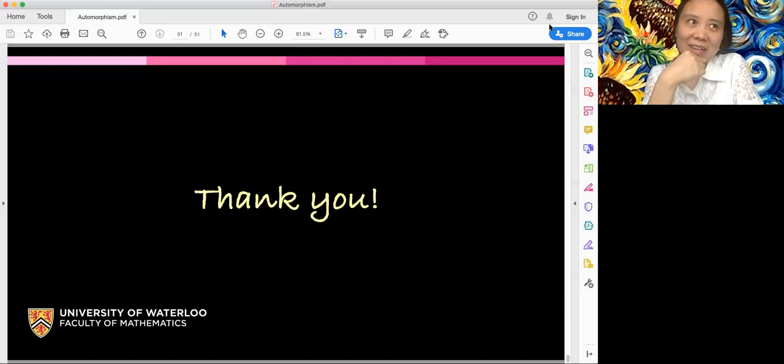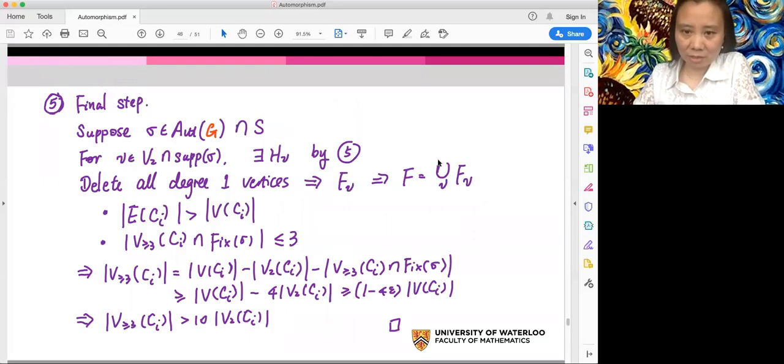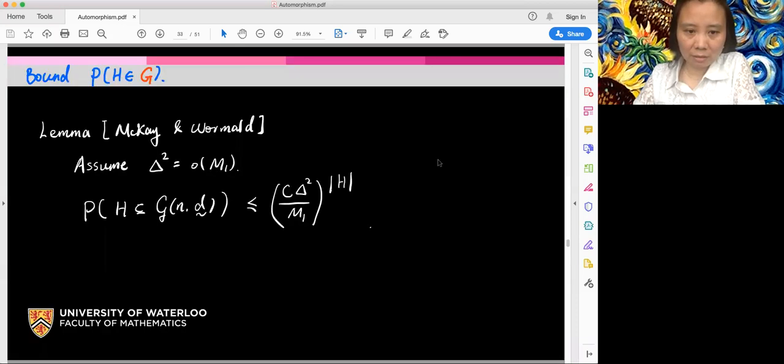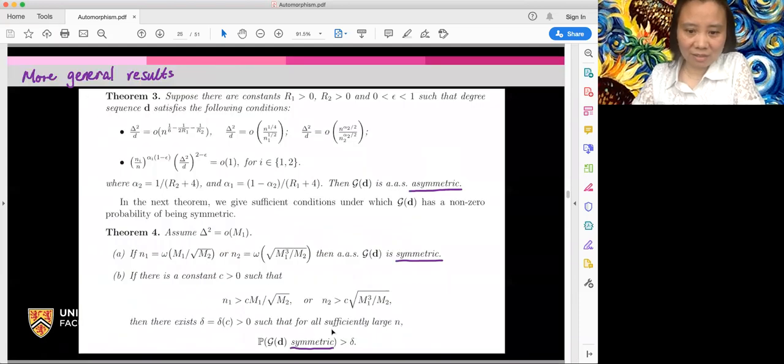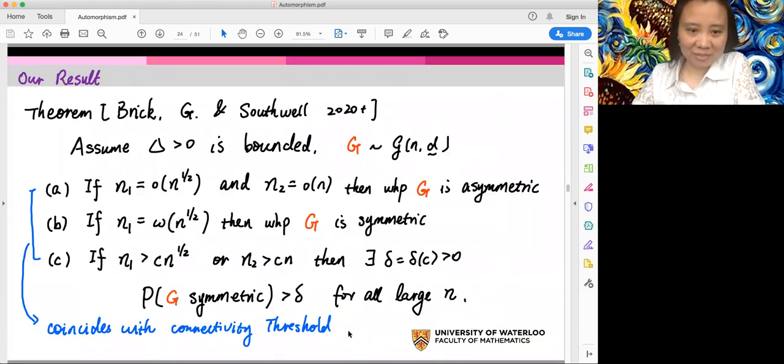I guess I'm just wondering whether there are random ensembles where you have non-zero measure of both asymmetric and symmetric. Oh yeah, sure. Well, even this result does have the situation where there's non-trivial probability. So I'll maybe go to this one, which is easier to read. If, say, the number of vertices with degree 2 is linear in n, because it can't be more than n, right? In that situation it is, in fact, a non-trivial probability. The probability of being symmetric is strictly between 0 and 1.